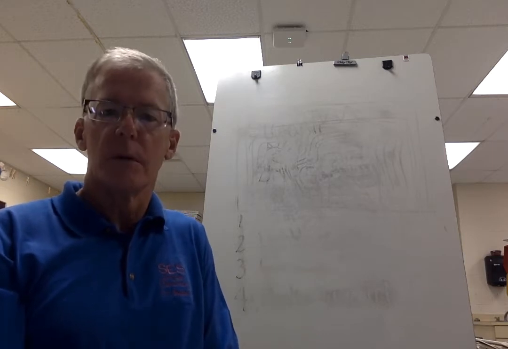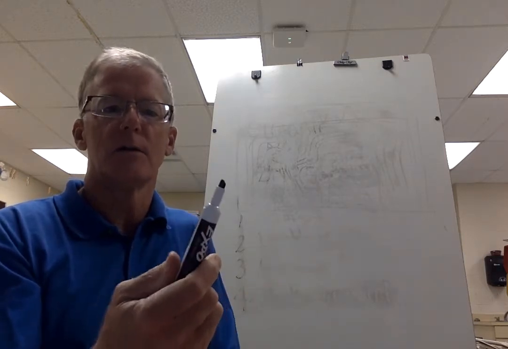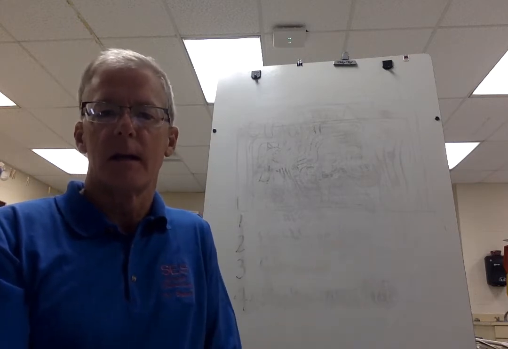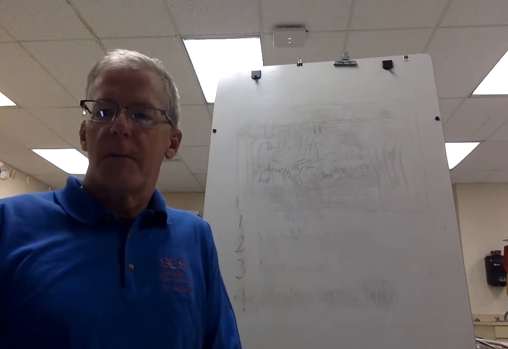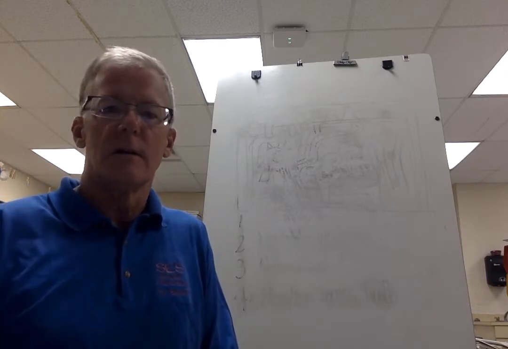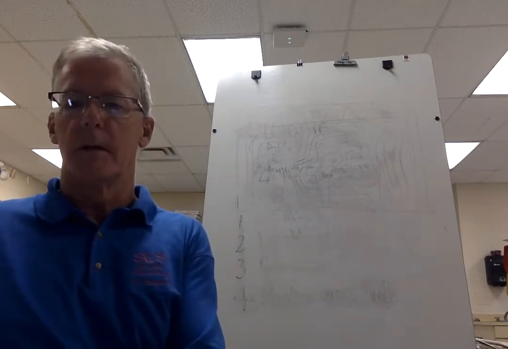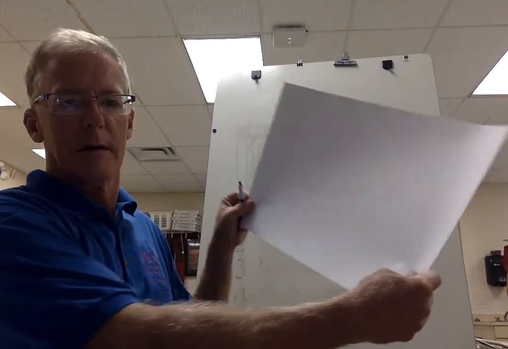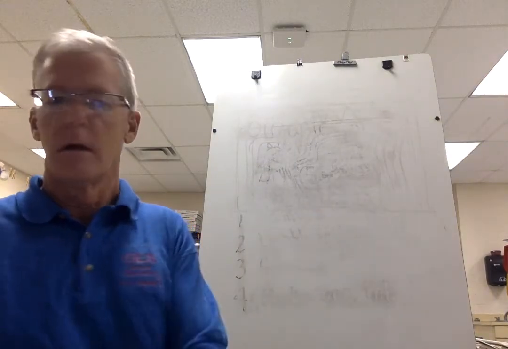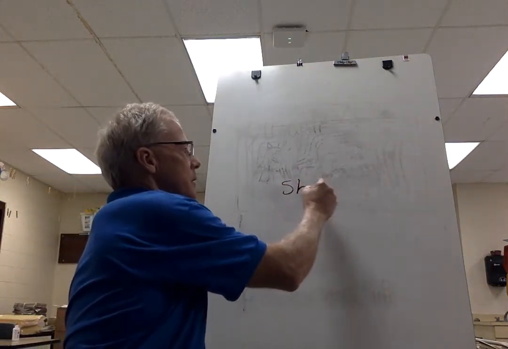I want to talk a little bit more about shape today, and I'm going to use my little trusty marker and my whiteboard. And I've got another camera just to my side that you cannot see, and I'm going to use it so you can see what I'm doing on my paper. And that way I don't have to keep bringing the paper up here so you can see what I'm doing. So we're going to talk about shape.